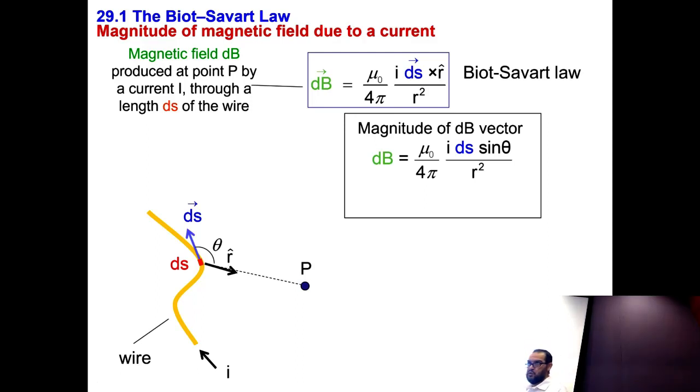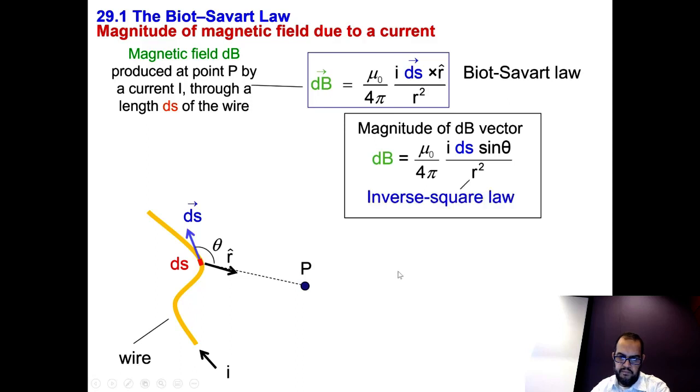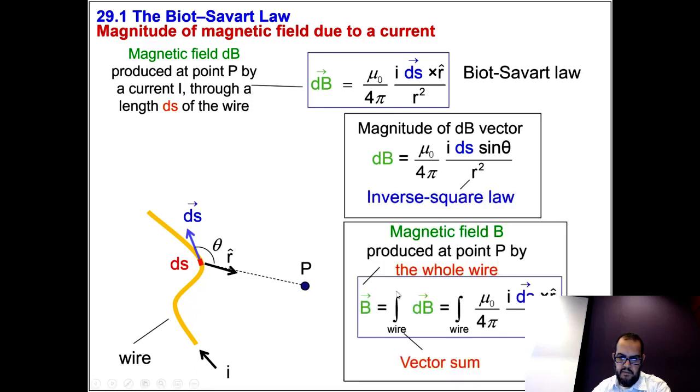How about if I want to determine the magnetic field due to the whole wire? What you can do is start adding the magnetic fields, a summation of these vectors, and if you make the element ds very small, this summation becomes an integration. This is the magnetic field produced at point P by the whole wire.